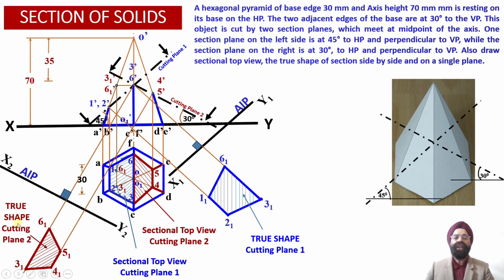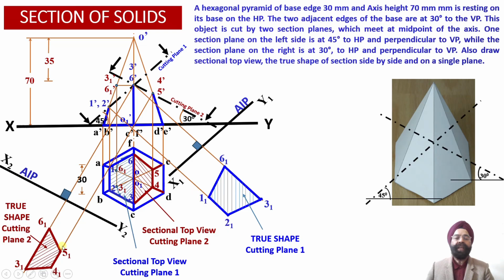So these are true shape projections for this section surface which is inclined at an angle of 30 degrees with respect to the horizontal plane. The section top view for cutting plane number 1 and 2 have been obtained.